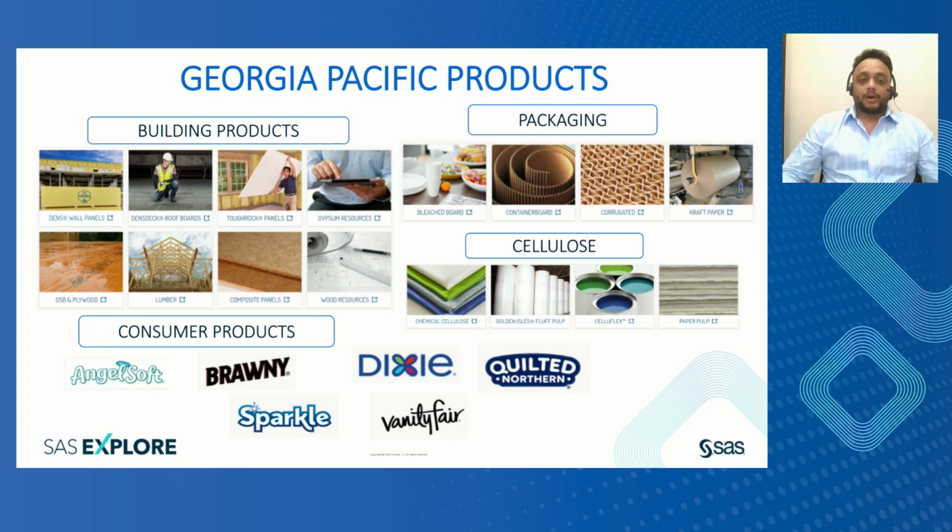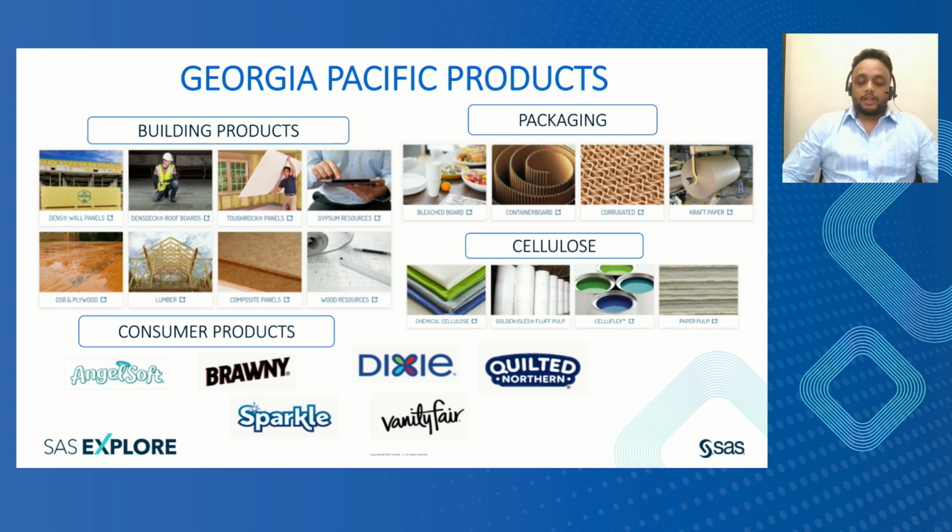We have building products, and you might be receiving some cardboard boxes from your local stores or from e-commerce vendors, where we act as a packaging supplier for them, where we manufacture container boxes, corrugated boxes for that.